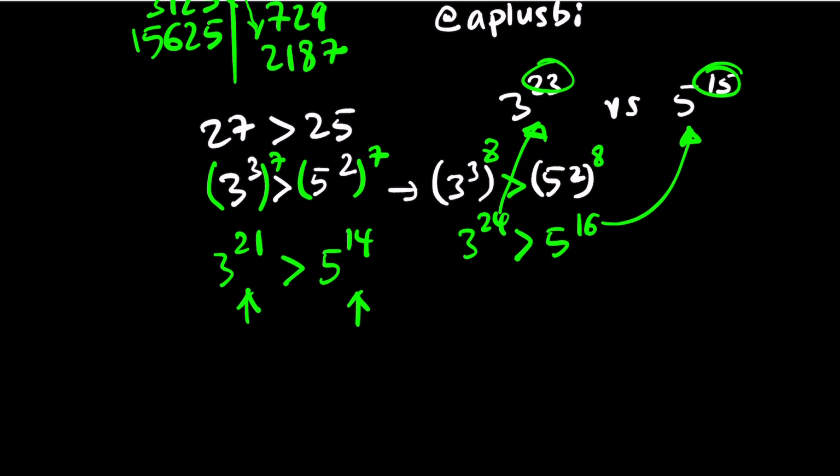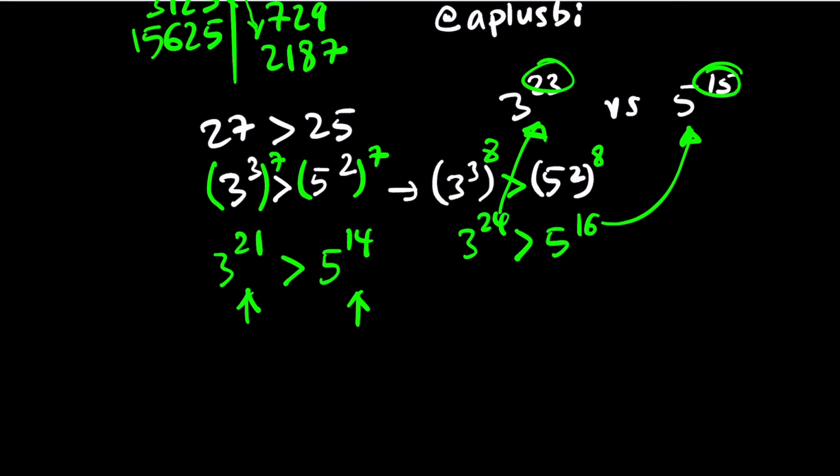Here I want to multiply by a power of 3. But if I multiply the left-hand side by a smaller number than I do on the right-hand side, then the inequality may be broken. But if I multiply the left-hand side by a larger number than the right-hand side, then the greater number will even get greater, not in value, but it's still going to be bigger.